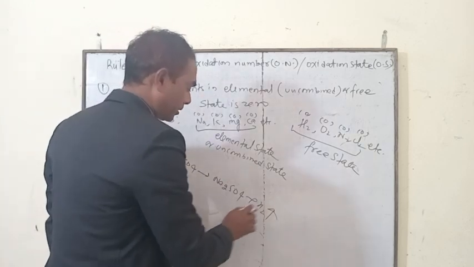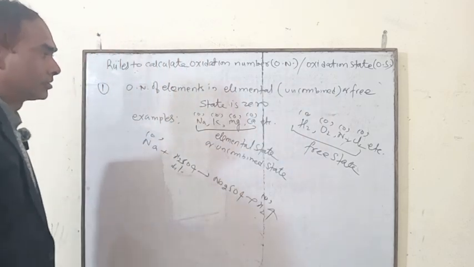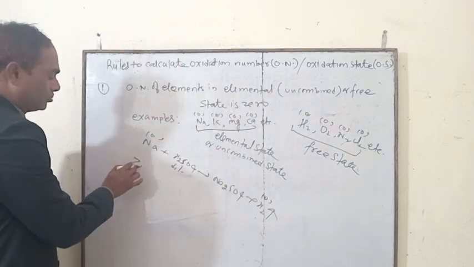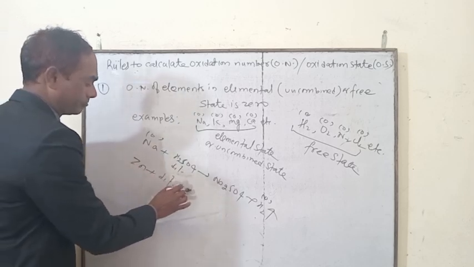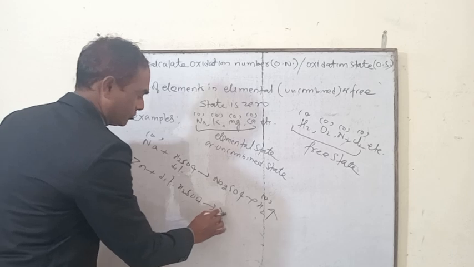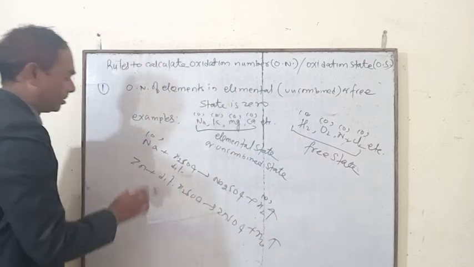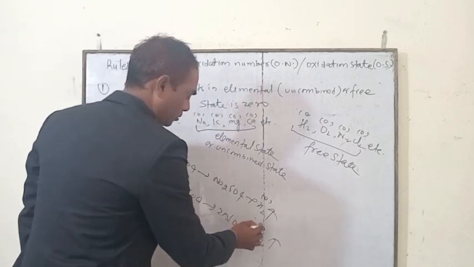And hydrogen is present in free state molecular form, oxidation number 0. Zinc plus dilute sulfuric acid gives zinc sulfate plus hydrogen. Here zinc is in elemental state, oxidation number 0, hydrogen 0.